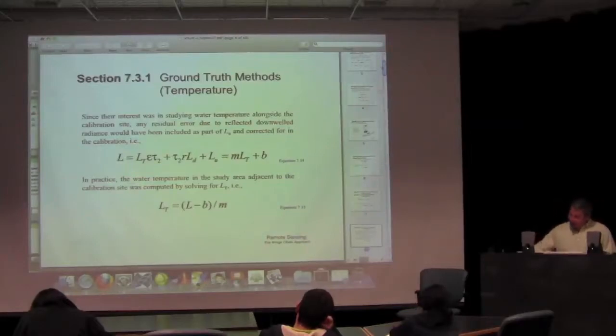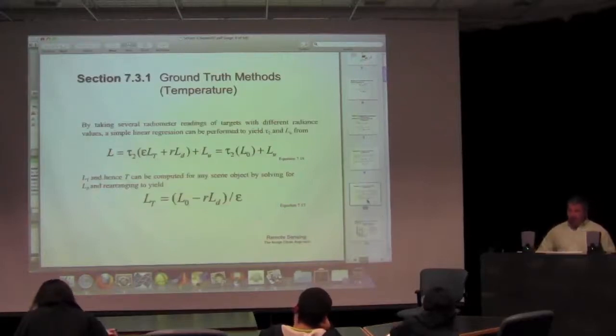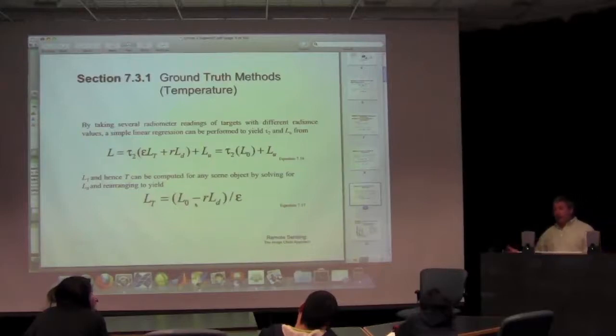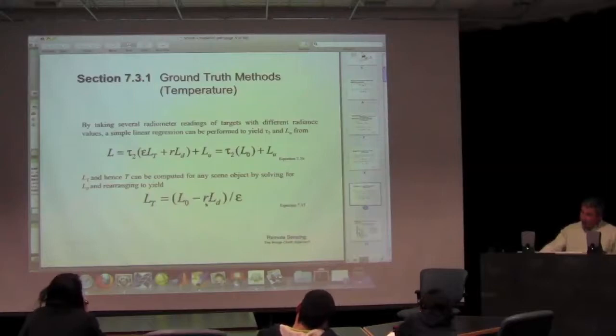All right. Now, at that point, you can start to group these things together, and it becomes a little clearer. That's what I just said on the previous slide. And now, if you have a non-perfect black body, you have a target that has an emissivity less than 1, you need to come up with another way of solving for that surface leaving radiance.